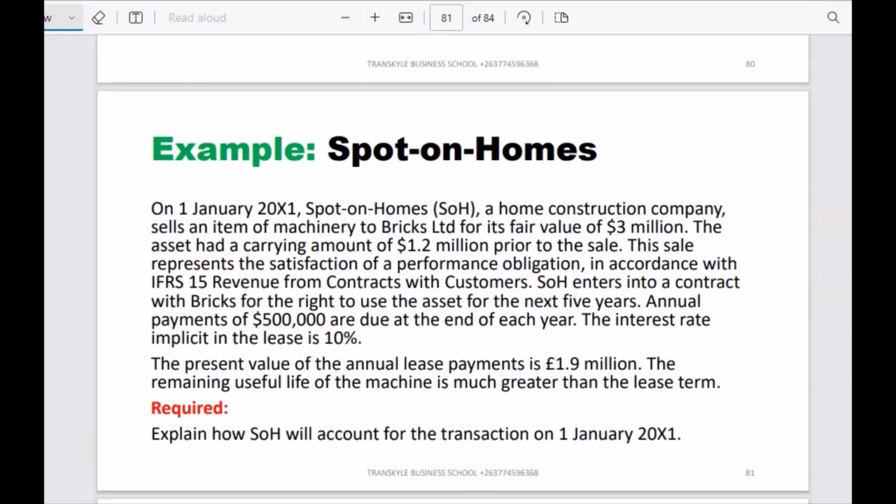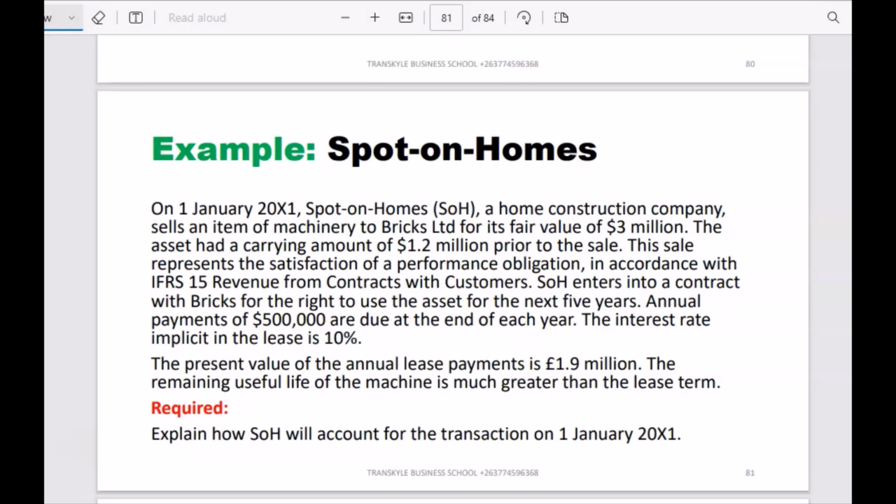SOH enters into a contract with Bricks for the right of use of the asset for the next 5 years. Annual payments of $500,000 are due at the end of each year. The interest rate implicit in the lease is 10%. The present value of the annual lease payments is $1.9 million. The remaining useful life of the machine is much greater than the lease term.